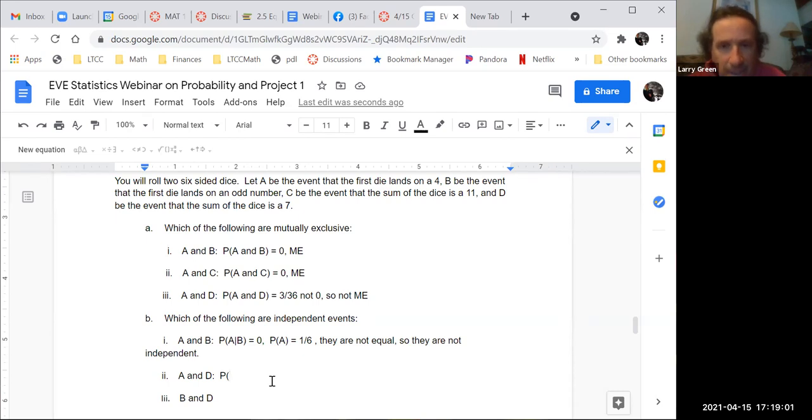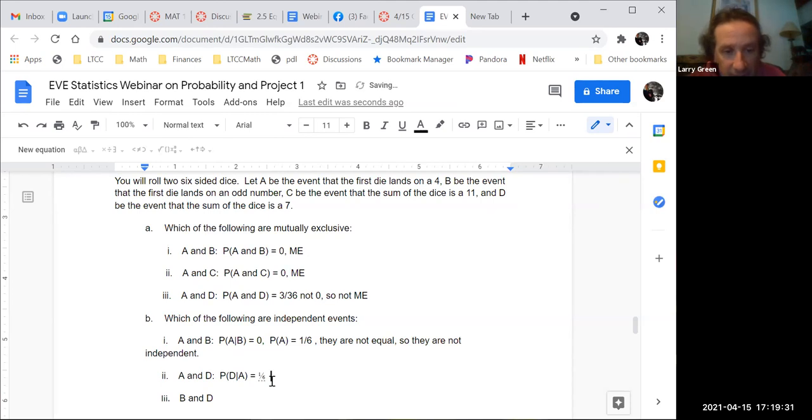So the probability of D given A is equal to, well, if we're given the first is a 4, then we're only looking at the second die. And if the second die is a 3, then you got your 7. Nothing else will get you a 7. There's only one way of that happening. That's for the second die to be a 3. And there's 6 faces on the second die.